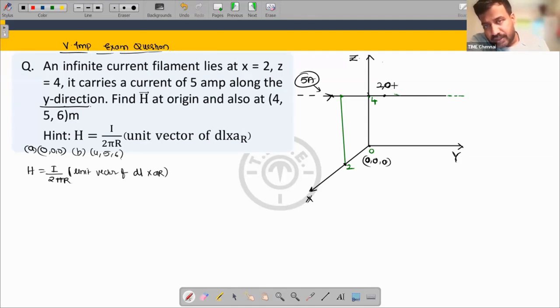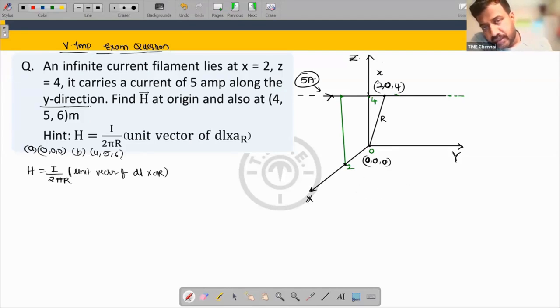So it would be 2 comma 0 comma 4. This will be the nearest point.